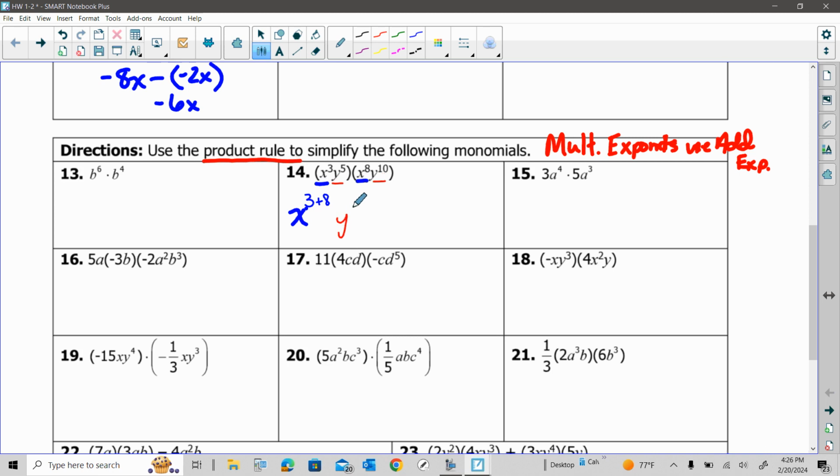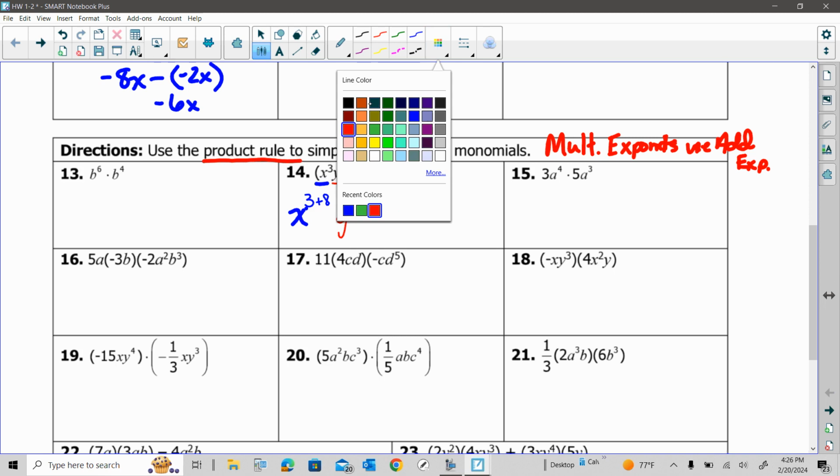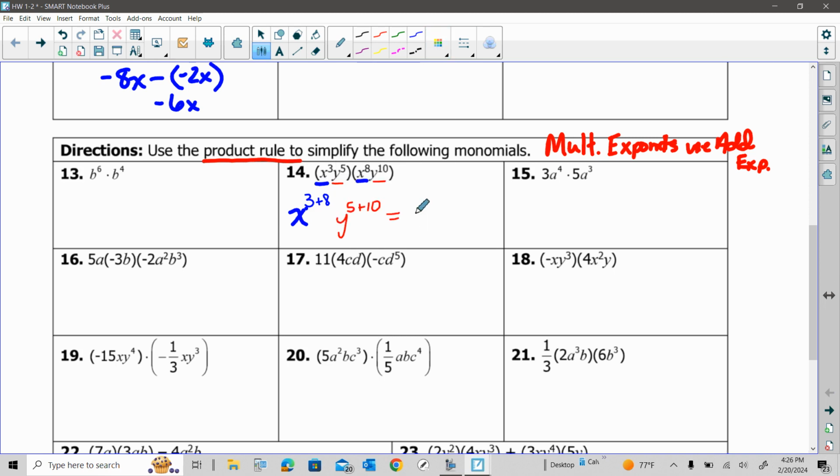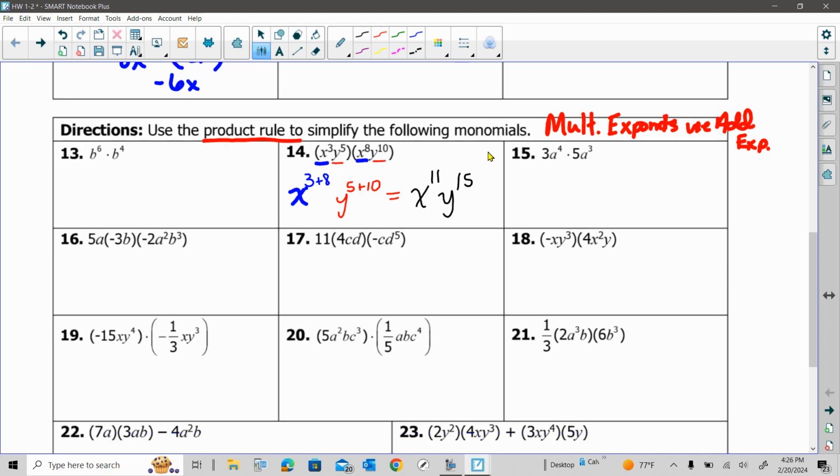This is y to the 5th, and now I'm adding that 10. So when I simplify this, this is just going to end up being x to the 11th power and y to the 15th power. Okay, so just remember to add your exponents.